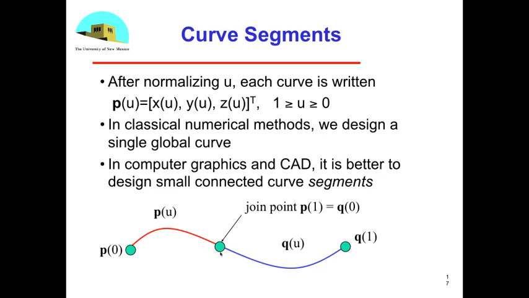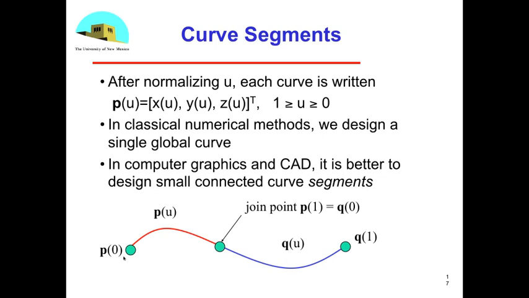And then I take some other data and get another curve that's valid over a different range of u. Now I have a slight complication here, which is that if I have these two parametric curves and I want any degree of smoothness, then they have to be continuous at this point.